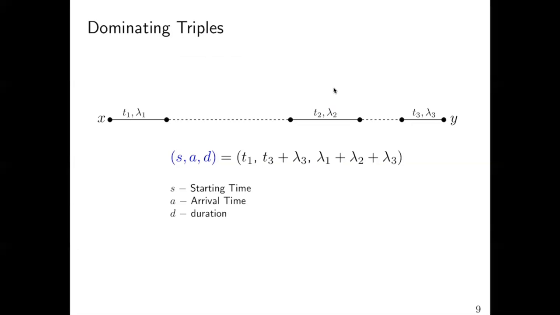In a sense, if there is a dominating path from x to y, the vital parameters are the starting time, the arrival time, which is nothing but t3 plus lambda 3, and the total travel time of this whole journey, which is nothing but lambda 1 plus lambda 2 plus lambda 3 without including waiting times. So these three parameters, starting time, arrival time and duration, are going to be useful to store every dominating path. Such a triple we call a dominating triple.